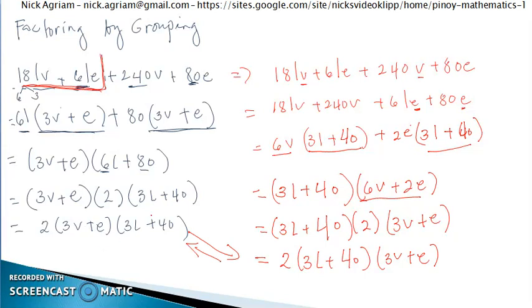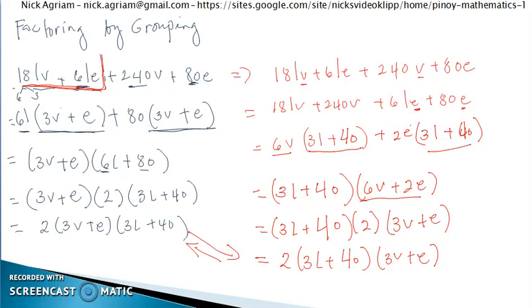So it doesn't matter how you group your four terms, but it is important that you look for common factors first. It's not that you group the way you like, but you have to study your terms and see common factors between them before you can group them.